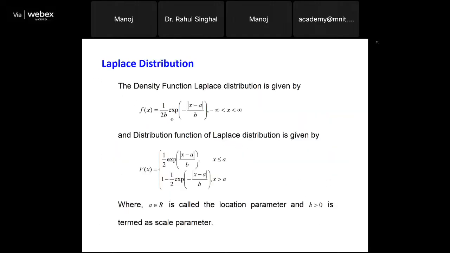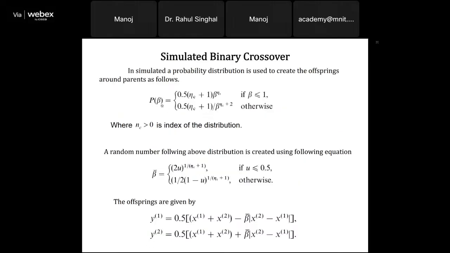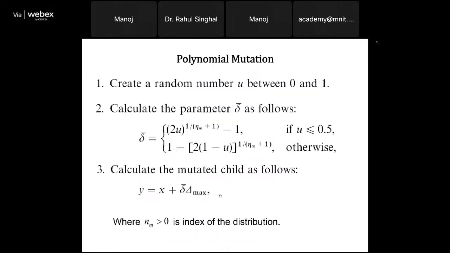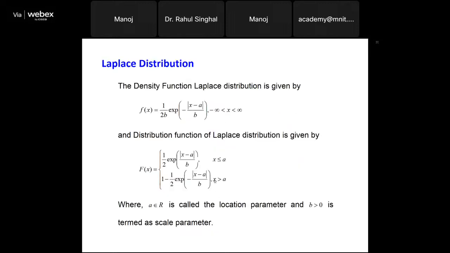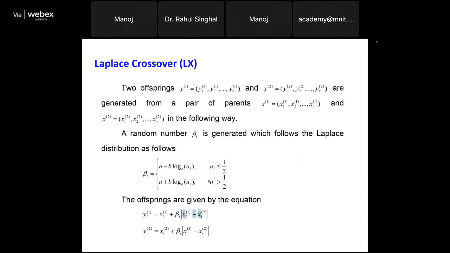If you see the formula for simulated binary crossover, two parents x1 and x2 produce two offspring y1 and y2. Similarly, in the Laplace crossover, two parents x1, x2 produce two offspring y1 and y2.